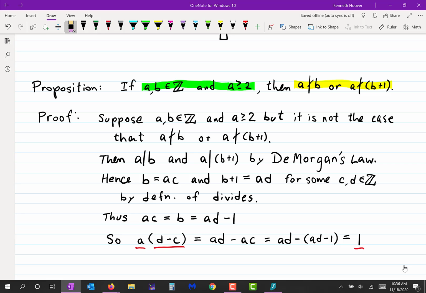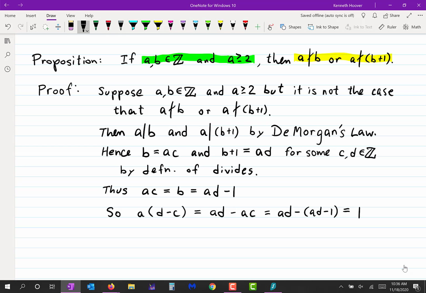A positive times something equals a positive, then that something has to also be positive, right? Okay, so since A is positive and A times D minus C is positive, how do I know it's positive? Because it equals 1. Then I can make the conclusion that D minus C is positive.